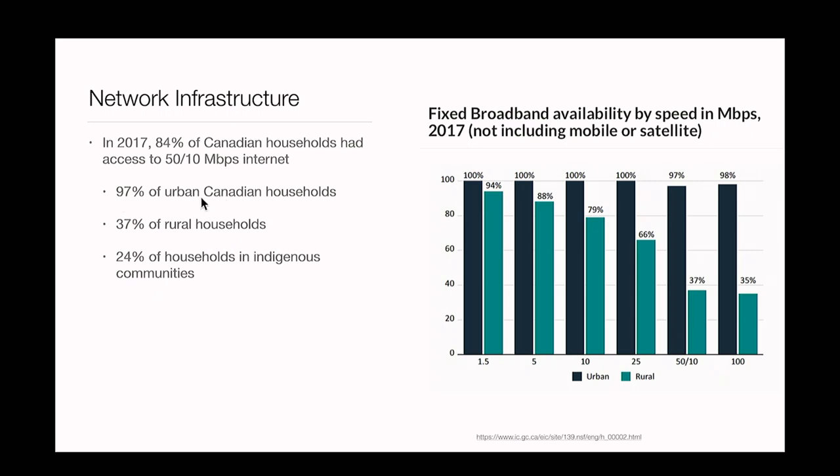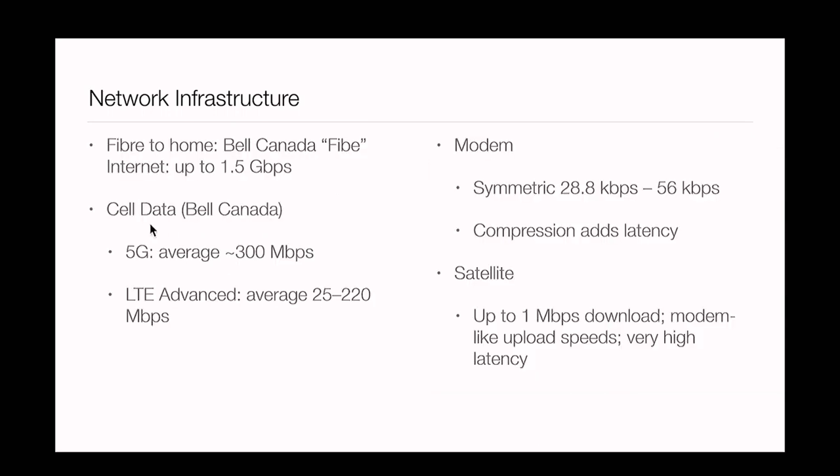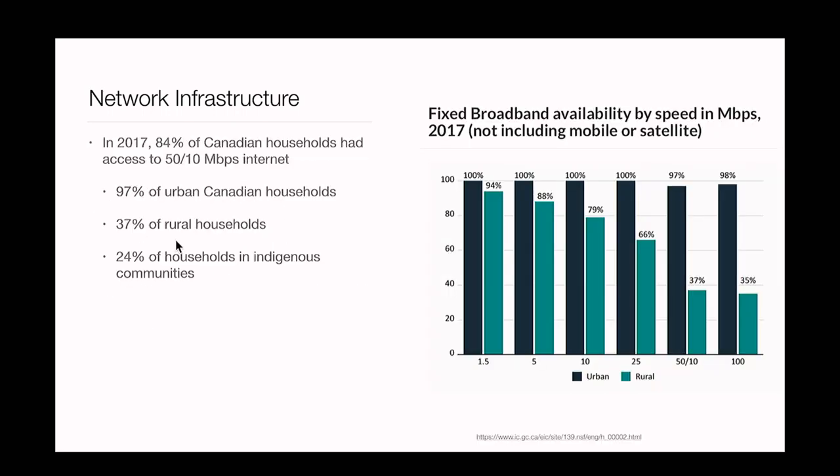So almost all urban households now have access to high-speed internet. Even rural parts of Canada have access to high-speed internet. I guess fewer if you're in an indigenous community, but that's another story. But access to high-speed internet is becoming more and more common.